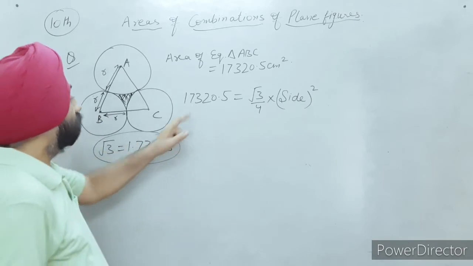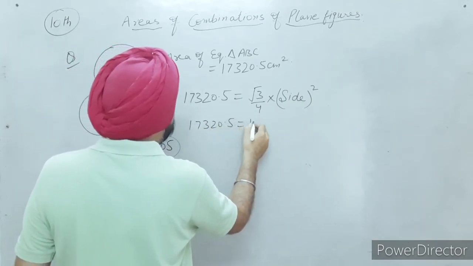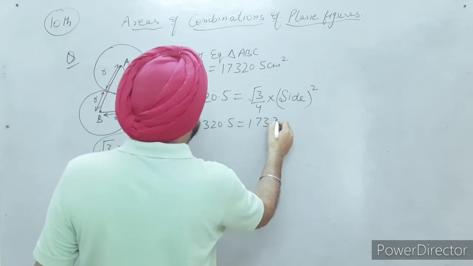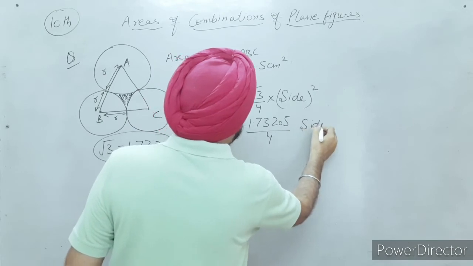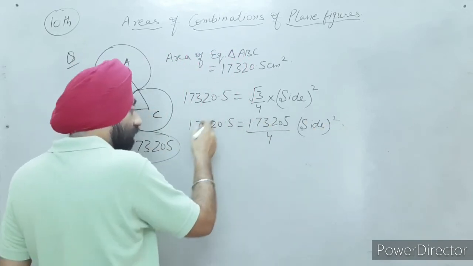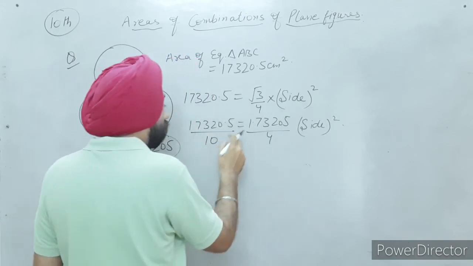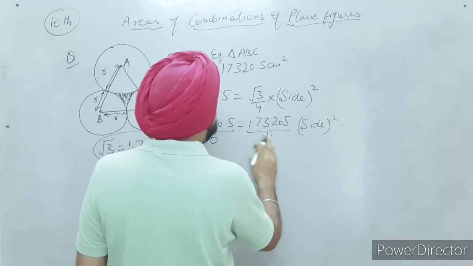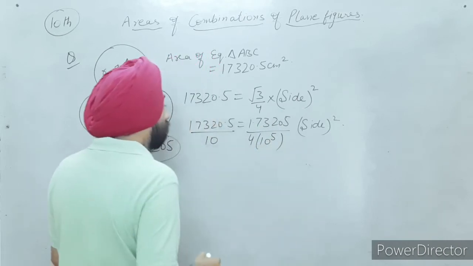Right? Now 17320.5 equals 1.73205 upon 4 into side square. Right? Now these figures can cancel out. Just bring 10 out of here, 10 down, 1, 2, 3, 4, 5. That is 10 raised to power 5 over 4. Now what happens?